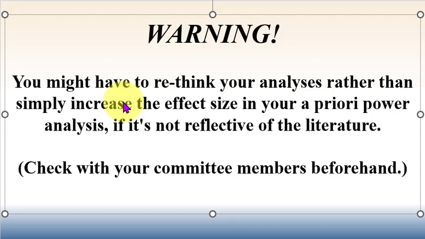That's not how it's done. Some teachers might catch you on it. They won't be happy about it, I guarantee you. But again, if your committee members are cool with it, then just run it the way they want it, because they're the ones that are going to be giving you the thumbs up or the thumbs down anyway, okay? So you got it. Don't just change the effect size because it gave you a crazy big sample size.